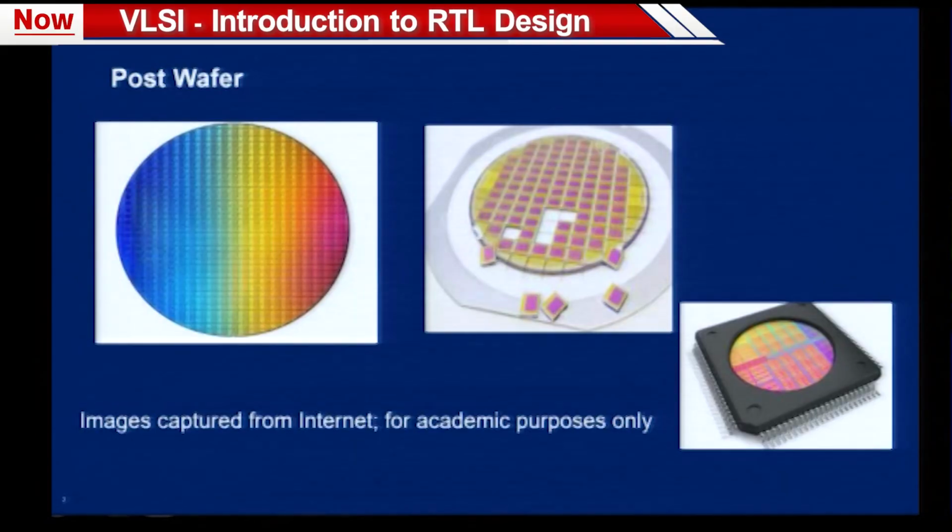Before we go into RTL itself, I want to look at the whole semiconductor space, the whole process of semiconductor manufacturing, and I will go from backwards to front, right. So, this is what happens when there is a wafer. The wafer is composed of many dies.